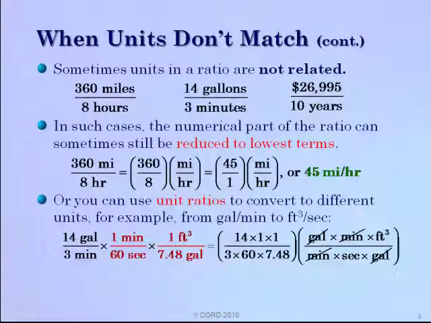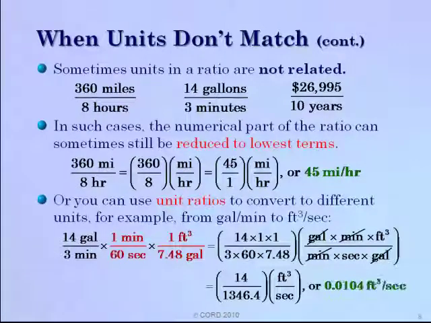Or you can use unit ratios to convert to different units, for example, and you've seen this also in the previous modules. We can take the 14 gallons to 3 minute ratio, multiply it by a ratio of 1 minute over 60 seconds, which will effectively change the minutes to seconds because we know the minutes will cancel, and multiply by 1 cubic foot per 7.48 gallons, noting that the gallons will cancel, leaving us with cubic feet.